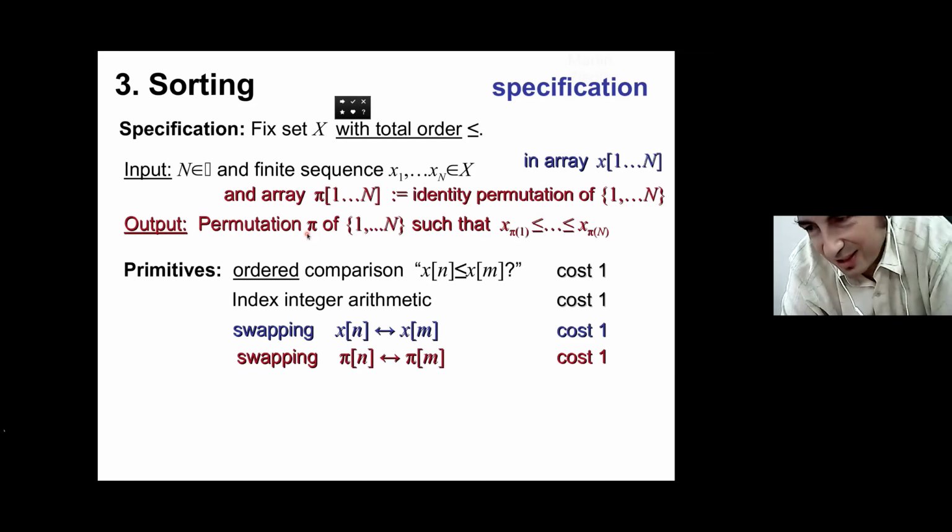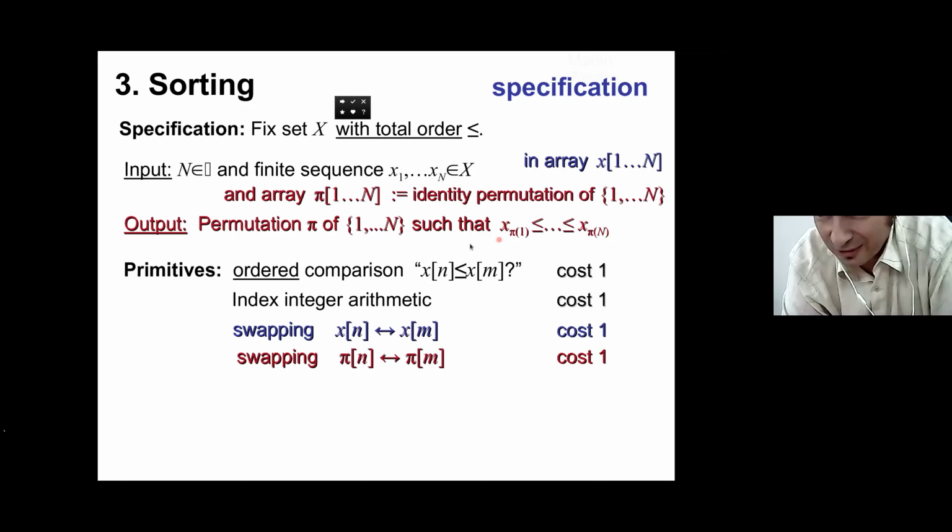Instead, we will simply try to output the ordered array. If you have the permutation, you know how to permute them, but in the end, you simply want to have the elements ordered in this way. And if you have two equal elements, then pi doesn't have to be unique, but in most cases it will be enough simply to output the array x pi 1 until x pi n, not pi 1 to pi n.